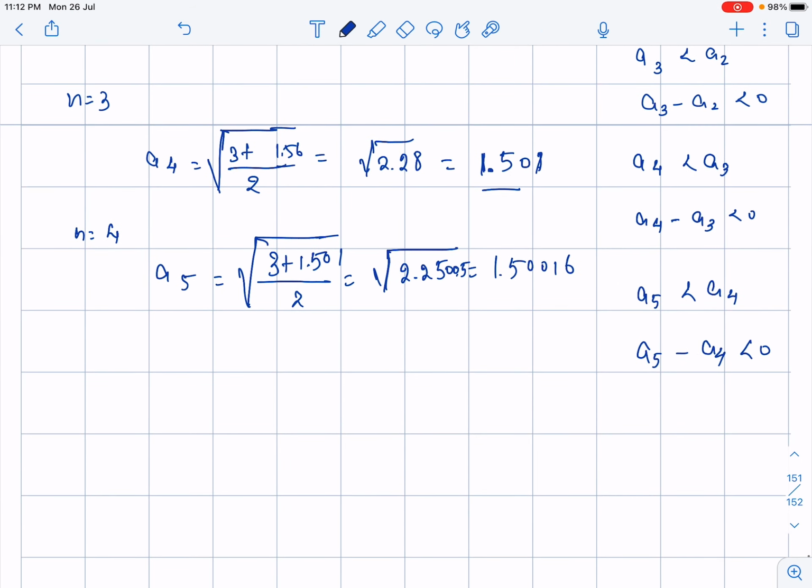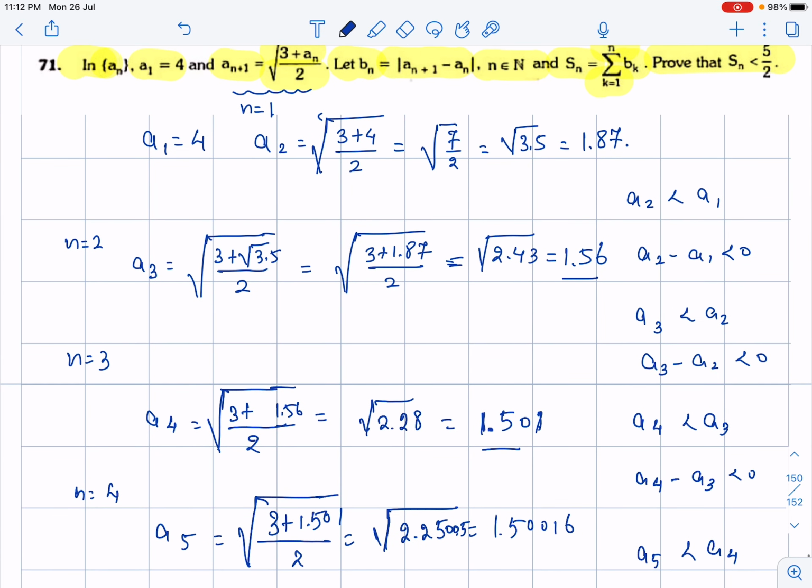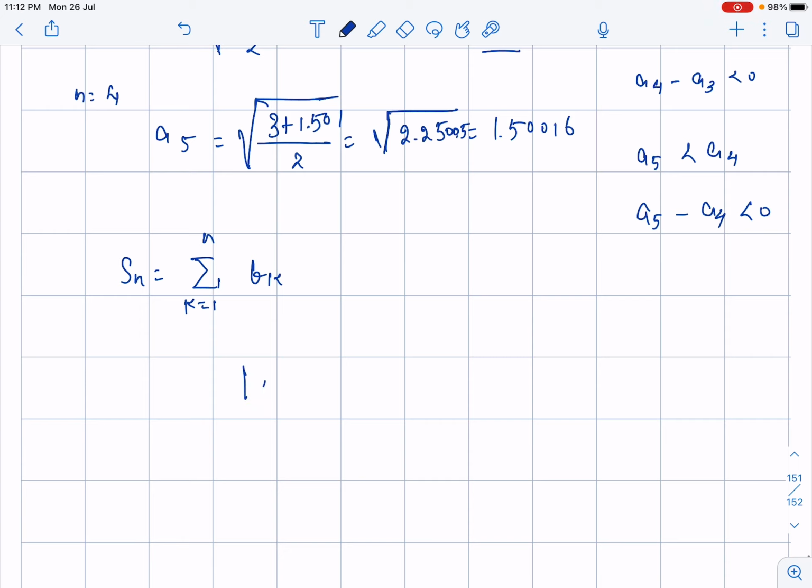And what is asked to us in the question? They told Sn is equal to summation bk, for k is equal to 1 to n. And what is the value of bk we are knowing? Mod of a(n+1) minus an. That means summation of mod of a(n+1) minus an, for k is equal to 1 to n.